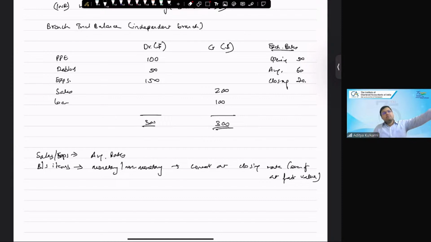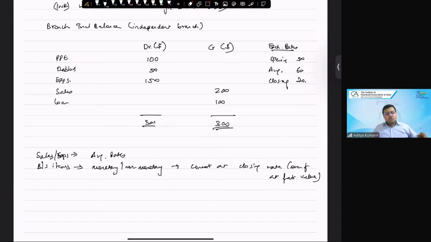Repatriation का मतलब वहां पे उसने सेल किया है, that sale proceed वो आपको ट्रांसफर करता है. In the case of an independent branch, will it happen like that? No, sir. Absolutely right. The branch will earn the money. The branch will keep the money with itself because the branch is using that money to fund its own operations.